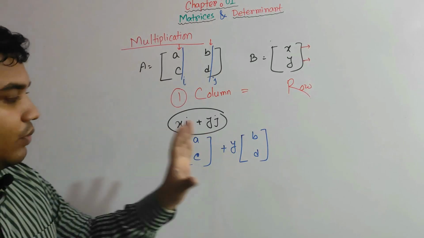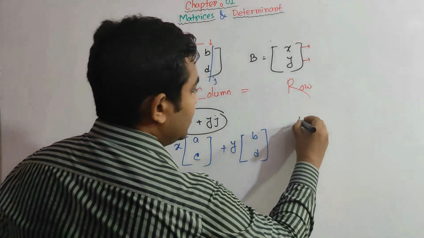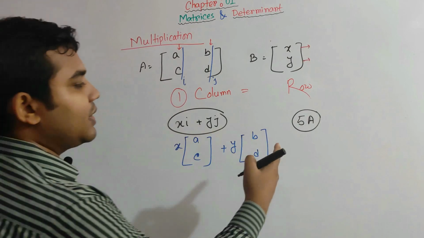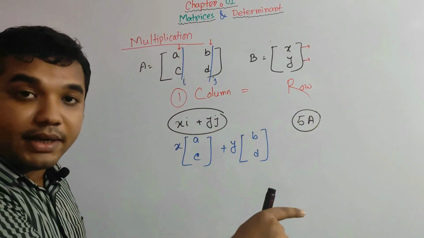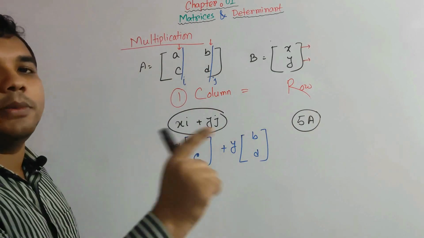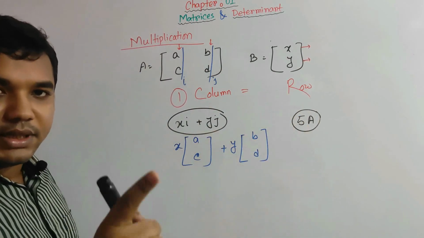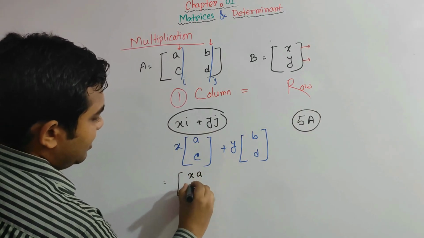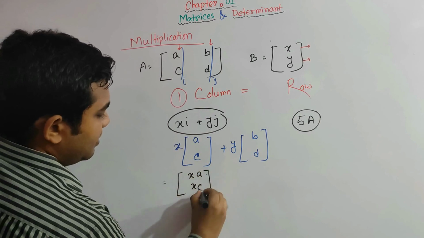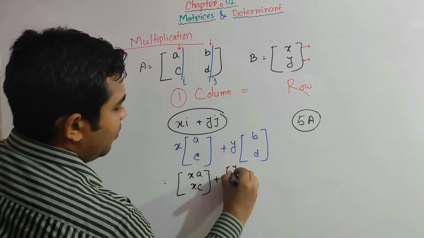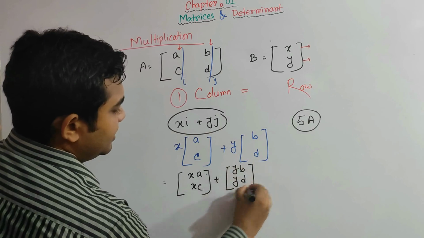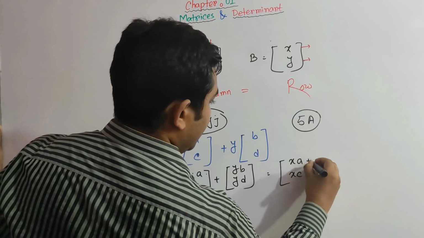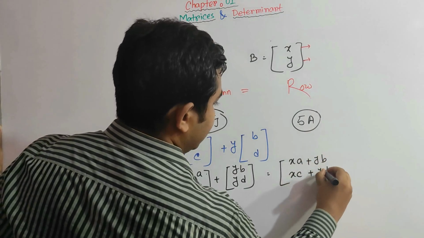Now we found 5a in the previous part. When I was talking about 5 being multiplied with a matrix, that means every entry of the matrix is multiplied with 5, isn't it? That means our matrix should be like this: xa, xc plus yb, yd, and that means we can write xa, xc, yb, yd.